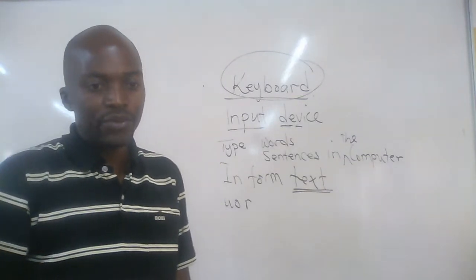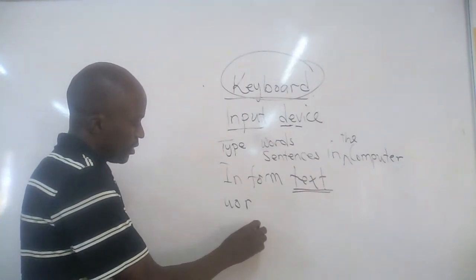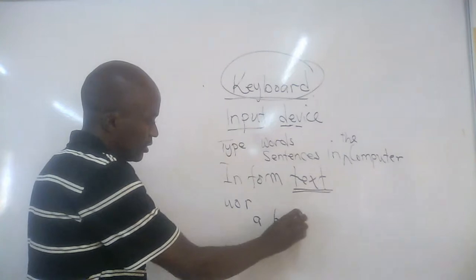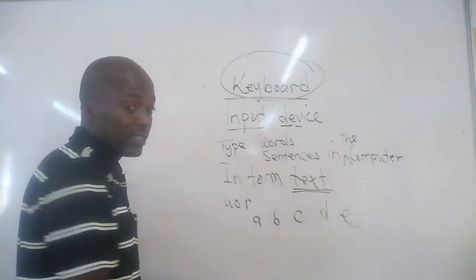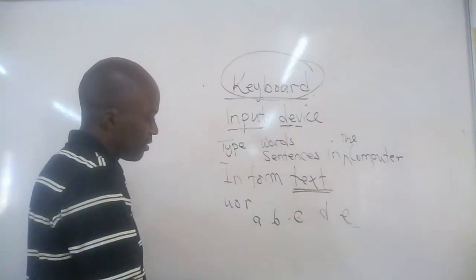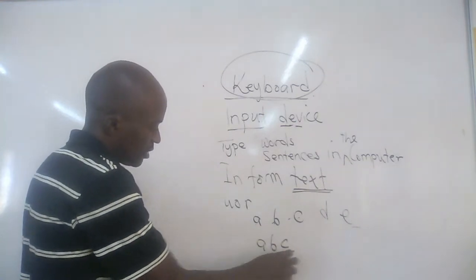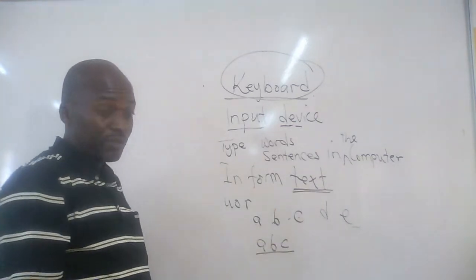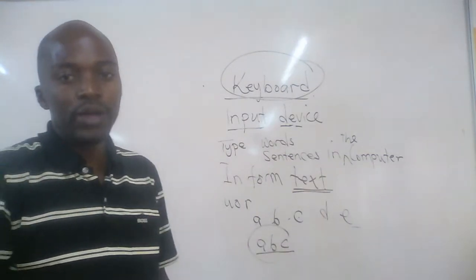For example, A, B, C, D, E. These are some of the keys that we find on the keyboard. And when you combine these, for example, A, B, C, this is a word that we cannot even pronounce, but a combination of letters forms a word that we type in the computer.